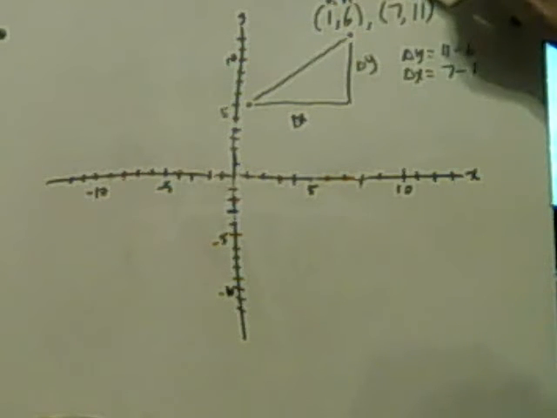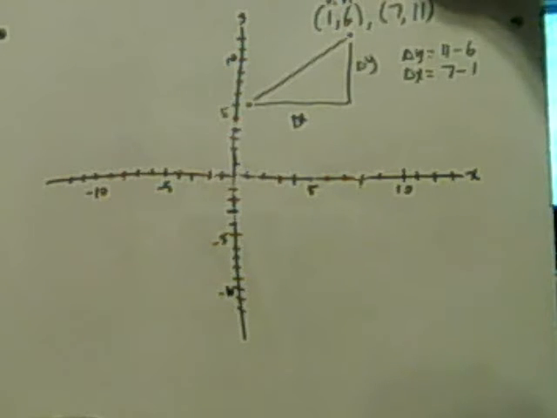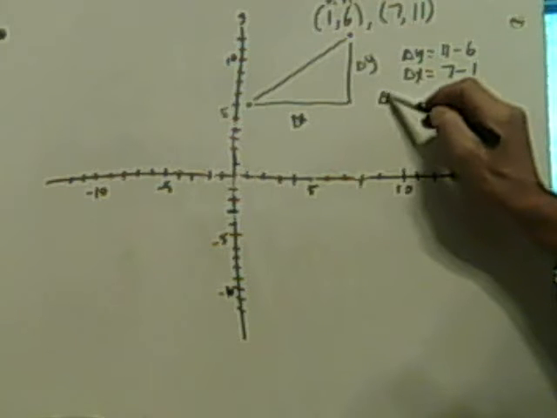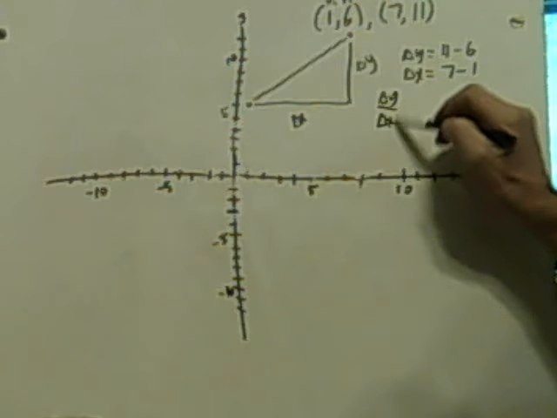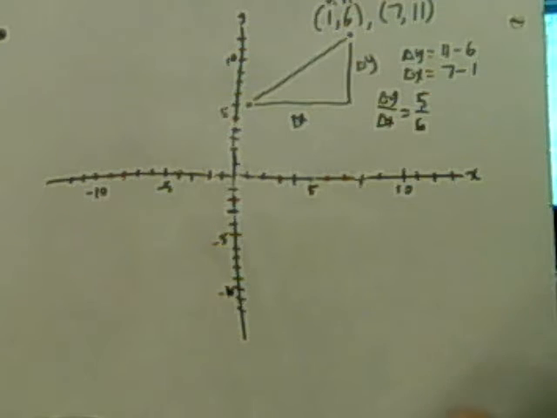So this will be x1, y1, x2, y2. When we take the difference, we'll always go from the second point to the first point: y2 minus y1, x2 minus x1. So delta y over delta x, in this case, is going to be 5 divided by 6. Okay, and that is the slope, 5 divided by 6.